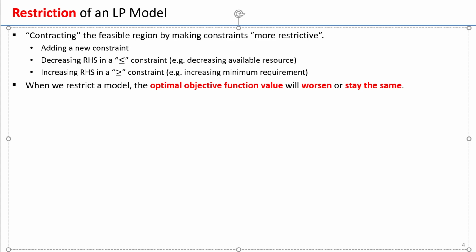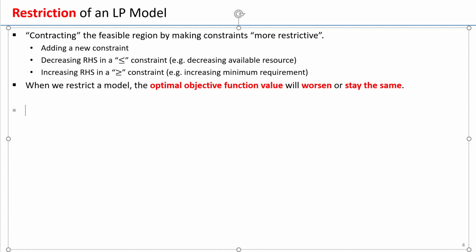When we restrict a model, the opposite of relaxation might happen. So the optimal objective function will become worse, or it will stay the same. But again, we can figure out a lot without even having sensitivity analysis, as long as we know the optimal solution, because we can look if the old optimal solution satisfies this new restriction. And if it does, it will remain the optimal solution.